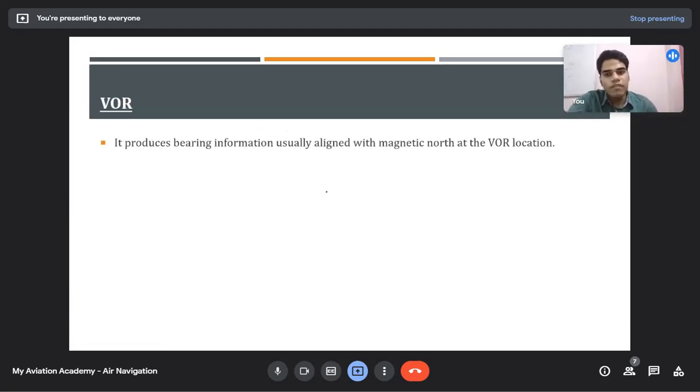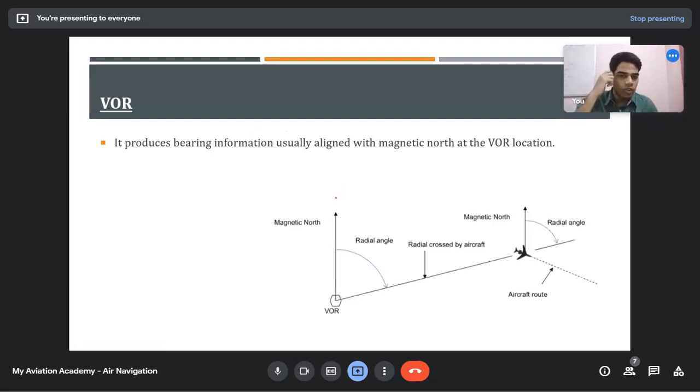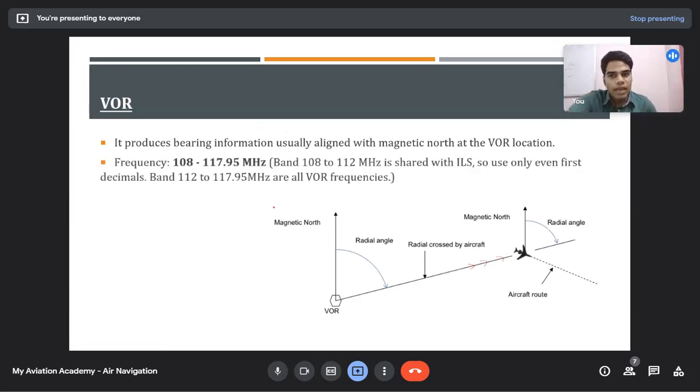It produces bearing information usually aligned with the magnetic north at the VOR location. So its basic role is to calculate the bearing, the bearing on which the aircraft is. Frequency band is 108 to 117.9 megahertz. So this is VHF, wherein 108 to 112 is also used by ILS. ILS is the next chapter.